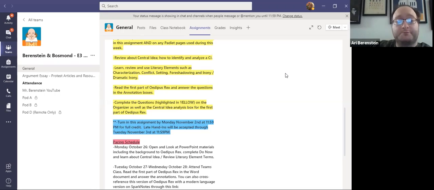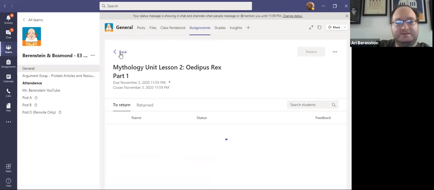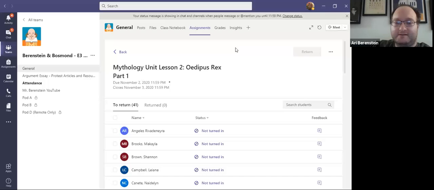Let me know, and then you can just handwrite your work, take a photo of it, and send it to me in the chat. The bottom line is, guys, make sure you're not sending me blank documents, because there's nothing more frustrating than seeing that so-and-so turned something in, and then seeing that there's nothing there. It's a bummer for all our teachers, especially me.